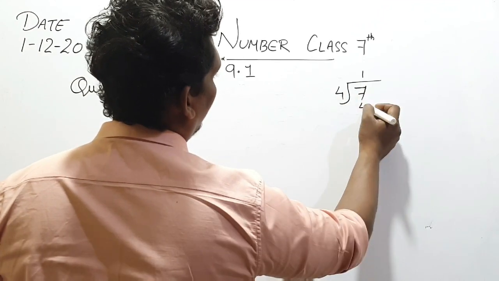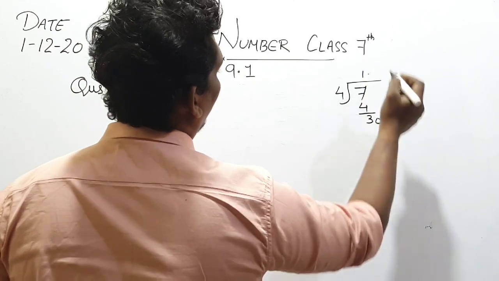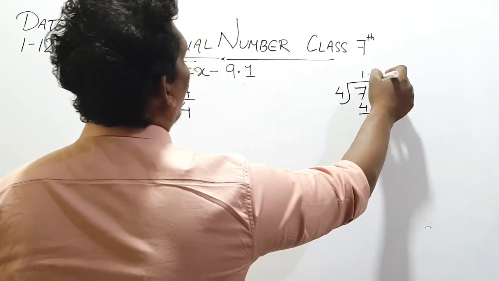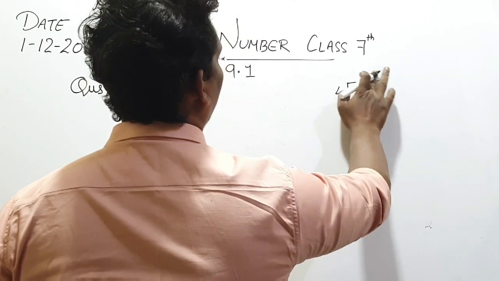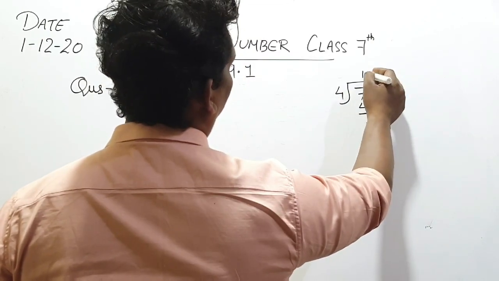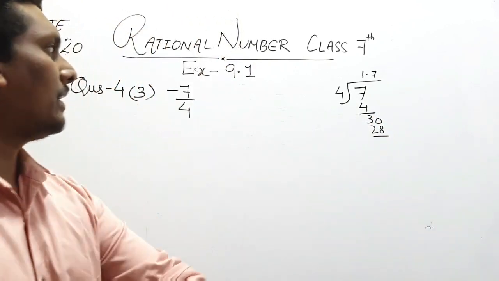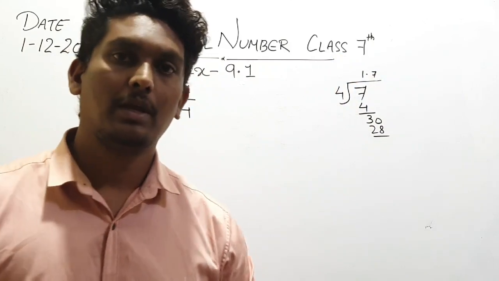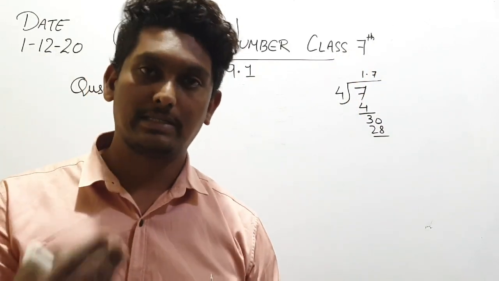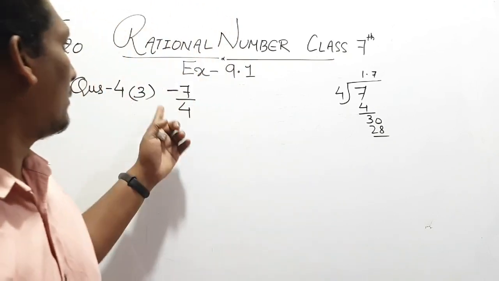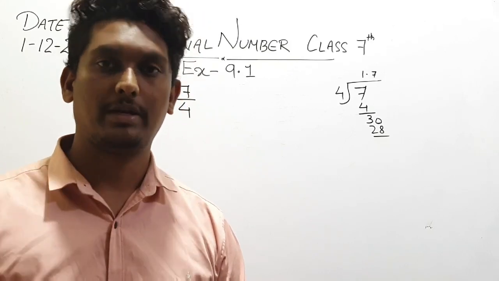So 4 ones are 4, 3 balance, okay, 30, which means 4 sevens are 28. Here in this question we have 1, after 1 a decimal is there, which means this -7 by 4 lies between -1 and -2.